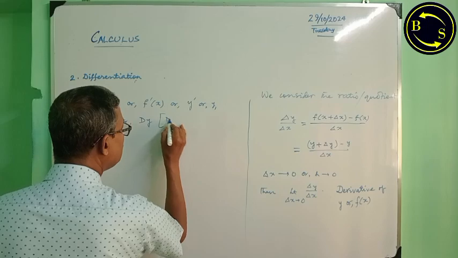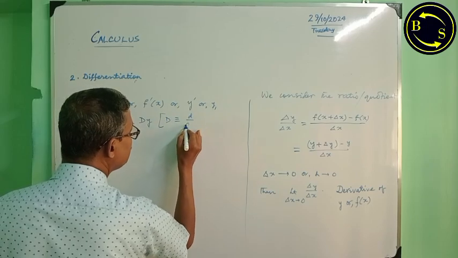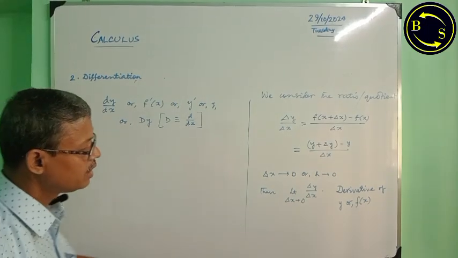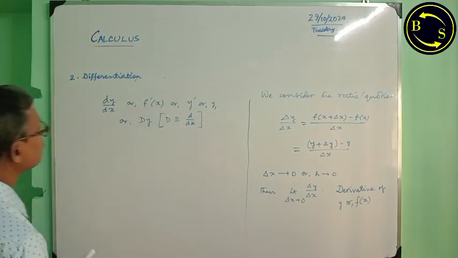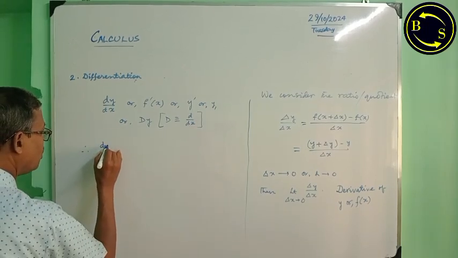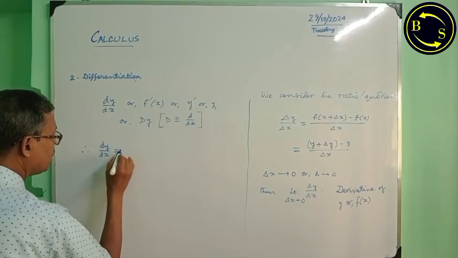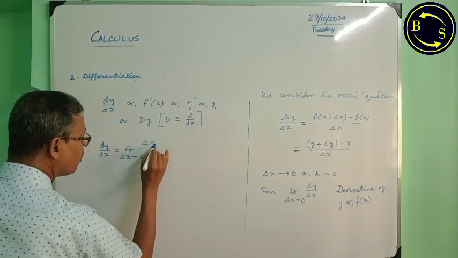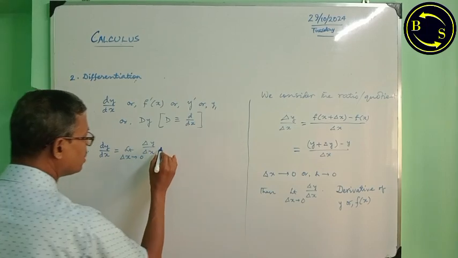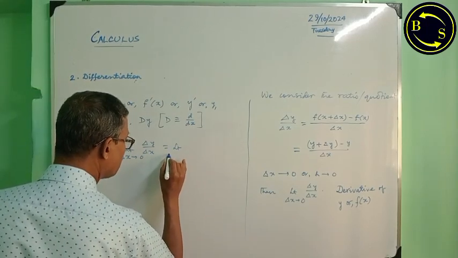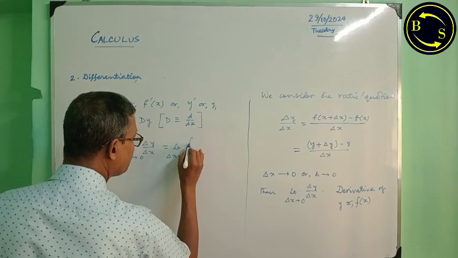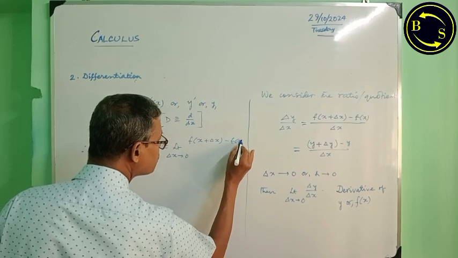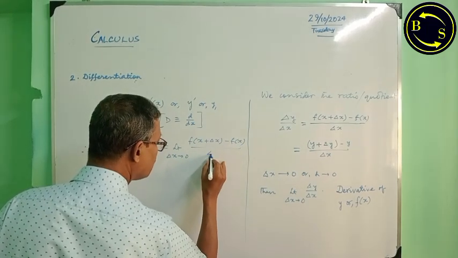Here d is d/dx, and this is called the derivative of f(x). Therefore, dy/dx is limit delta x tends to 0, delta y by delta x, that is limit delta x tends to 0, f of x plus delta x minus f(x) by delta x.